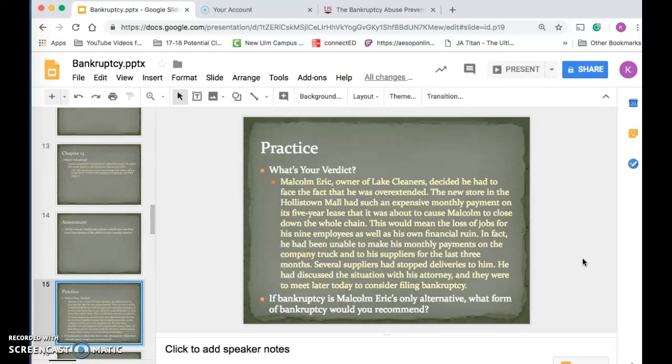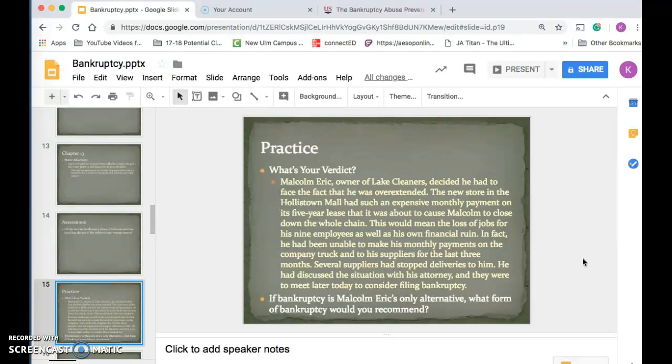What's your verdict? Malcolm Eric, owner of Lake Cleaners, decided he had to face the fact that he was overextended. He overextended on his debt. He has too many bills to pay. The new store in the Hollistown Mall had such an expensive monthly payment on its 5-year lease that it was about to cause Malcolm to close down the whole chain. This would mean the loss of jobs for his 9 employees as well as his own financial ruin.